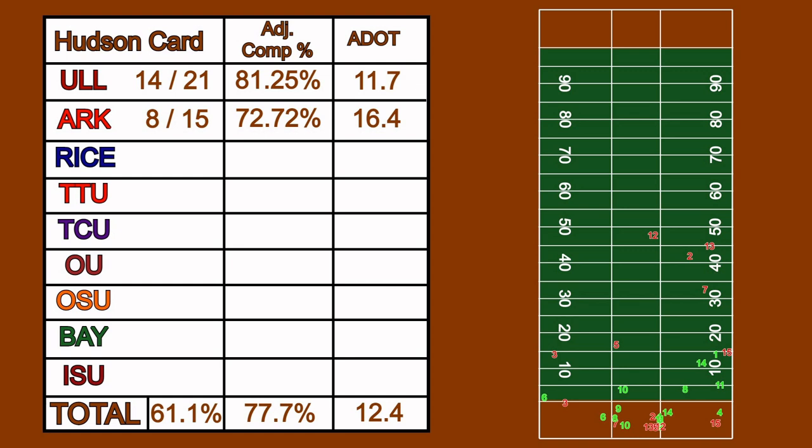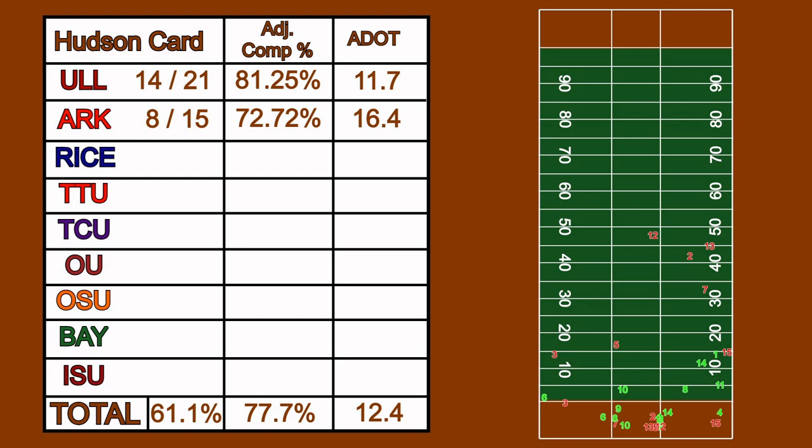So that was interesting to see. His average depth of target was 16.4, but most of it was driven up by 4 passes, all of which he was incomplete on. So what the adjusted completion percentage is, for those that don't know, I should explain this.